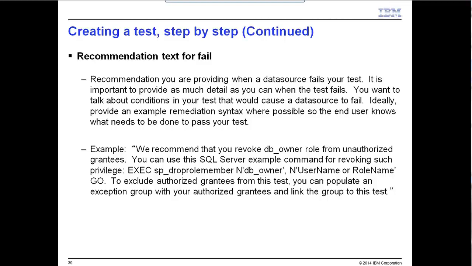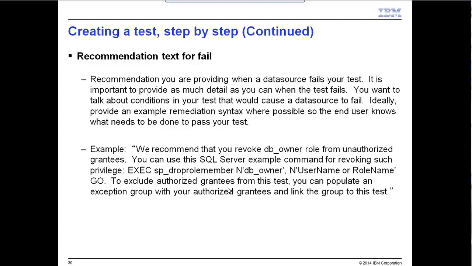And then, of course, in privilege tests, there can be users that are legitimate and need the DB owner, so you have to have a way to authorize these users, so the test the very next time will ignore checking for these users. In our case, it's what we call an exception group.